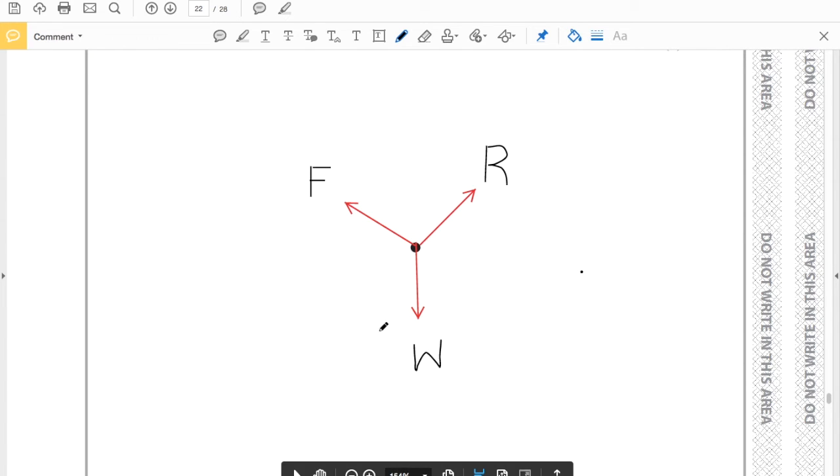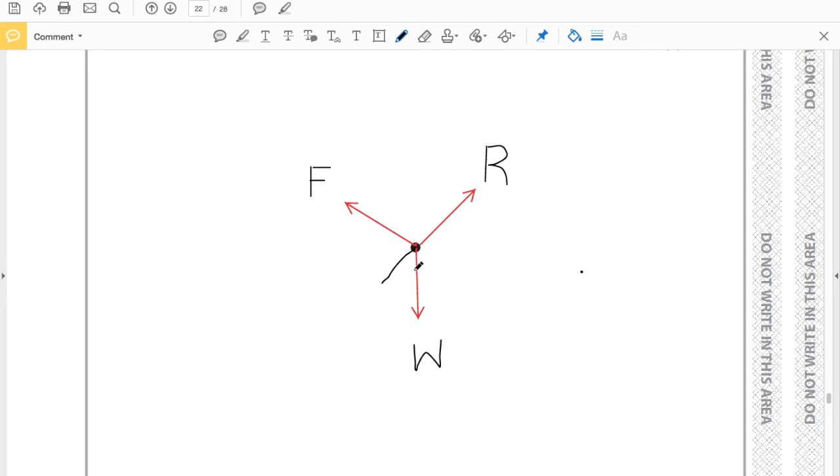So there should be a component of weight along the same line as the reaction force, which would cancel it. For that to happen, the vector W must be greater than R, because if it is smaller, its component is going to be much smaller.